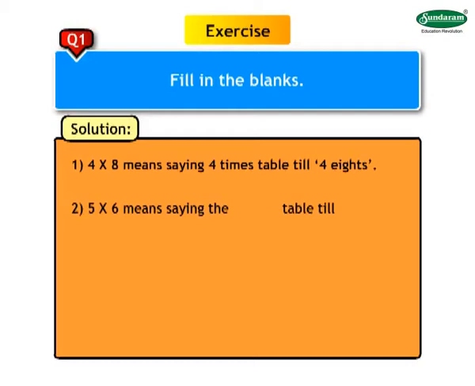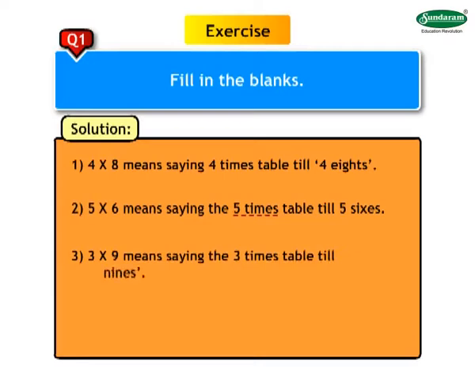The answer is 5 multiplied by 6 means saying the 5 times table till 5 sixes. Third, 3 multiplied by 9 means saying the 3 times table till dash nines. The answer is 3 multiplied by 9 means saying the 3 times table till 3 nines.